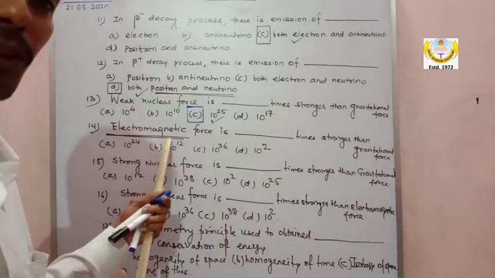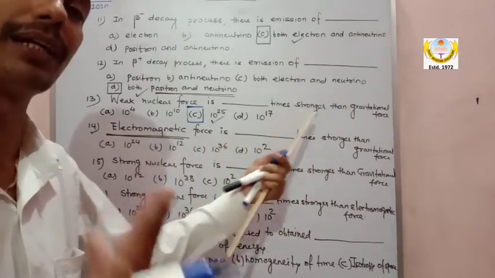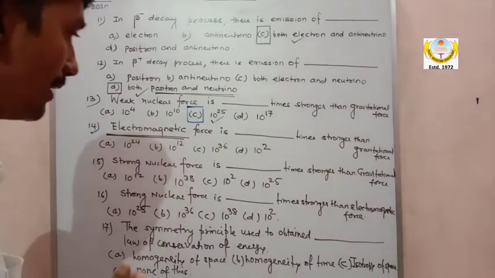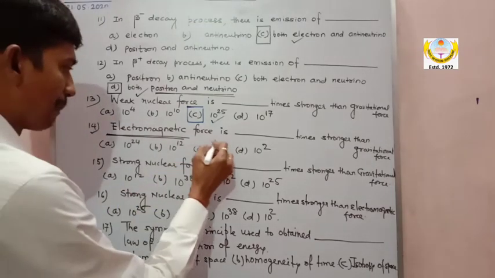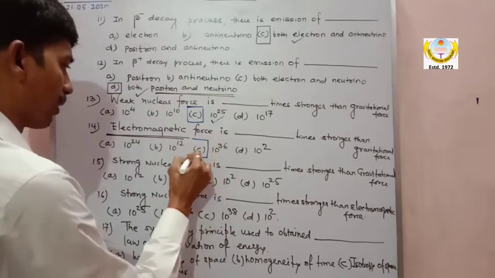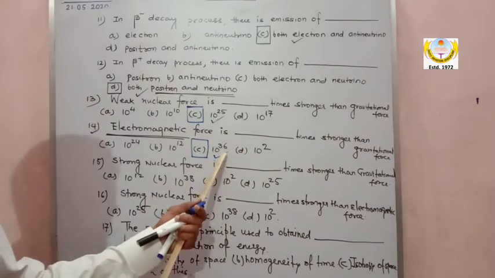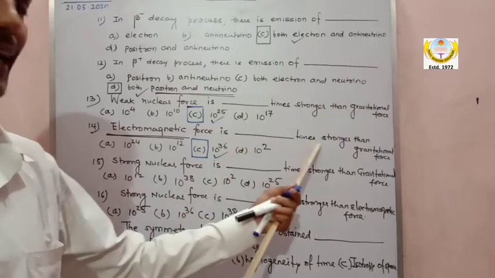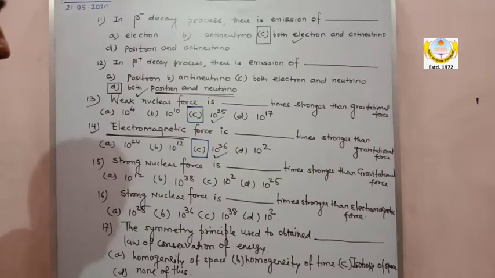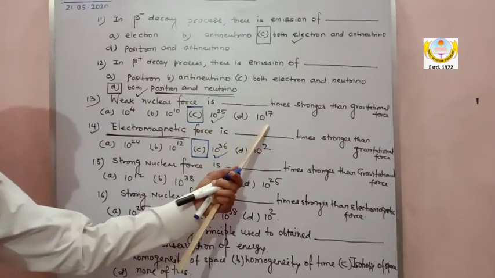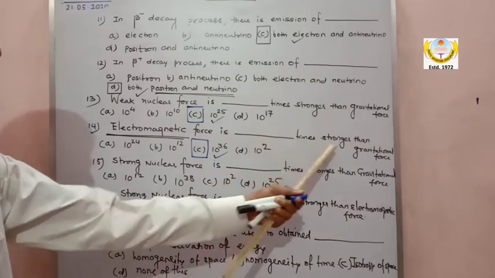Next question: electromagnetic force is how many times stronger than gravitational? The right answer is 10 power 36 times stronger, my dear, than the gravitational force.